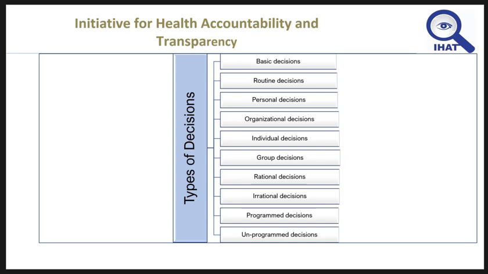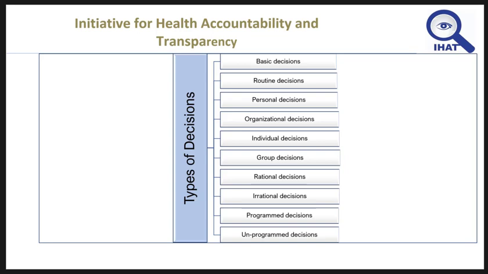Personal decisions are informal decisions that a person makes as an individual and not as a member of an organization, and they do not directly affect the organization. Organizational decisions are formal decisions that a person takes as a member of an organization, using formal authority which directly affects the organization.